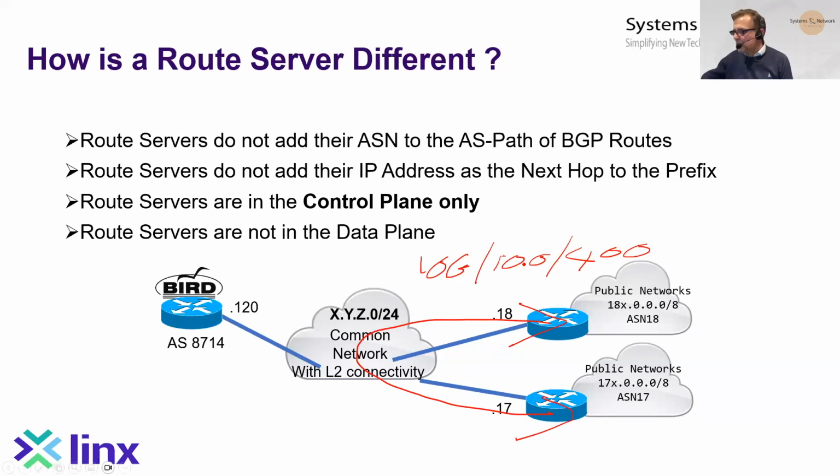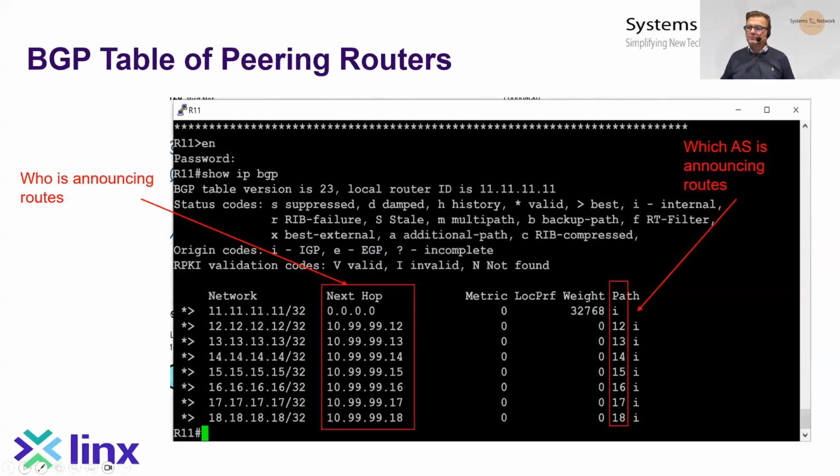But because of the way we advertise routes in a route server, the packets are actually going through the very fast peering interconnections in here, and the packets are traveling directly between our members.